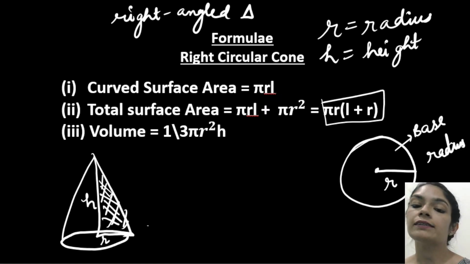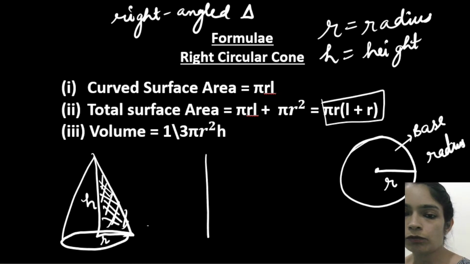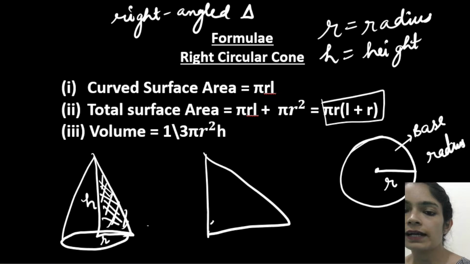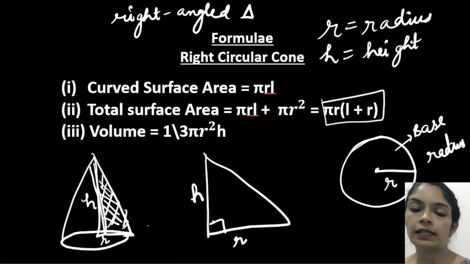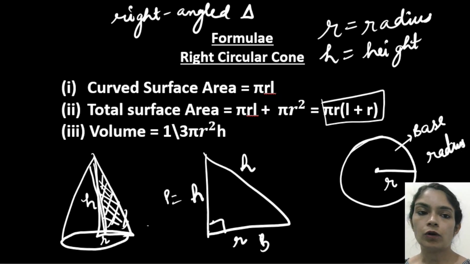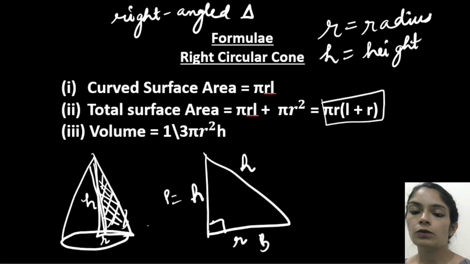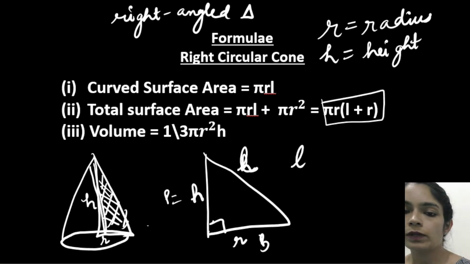it's actually a formula which you know by the name of Pythagoras theorem. If this is a right angle triangle, see this straight line, this one is height and the lower one is the radius. So this hypotenuse you can find. This is perpendicular, this is base. By applying the Pythagoras theorem, you can find the value of slant height, which we write here as L. So L square is equal to h square plus r square.